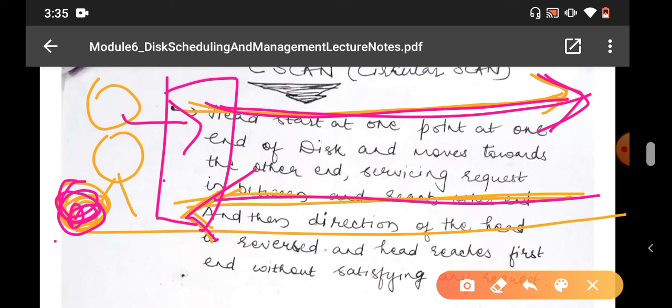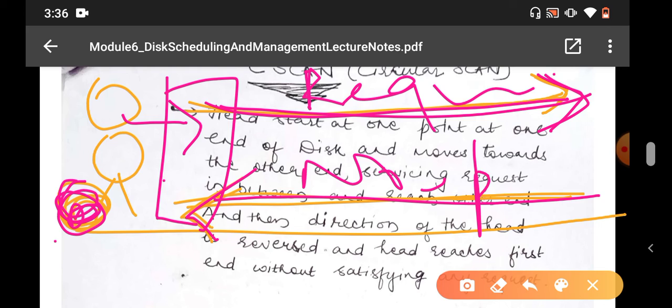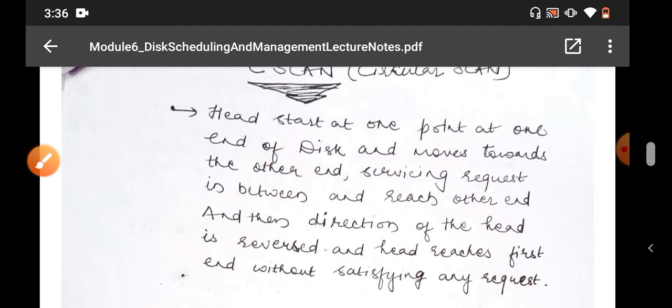So here circular scan can only service the requests in one direction. There is one penalty of seek time, but that is quite okay. You can avoid the starvation of requests. So that's one good thing.